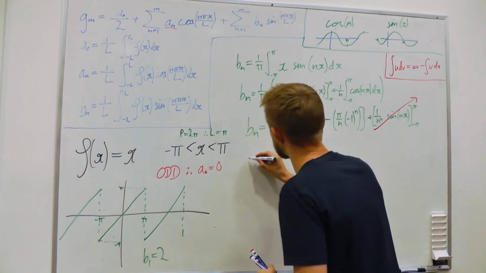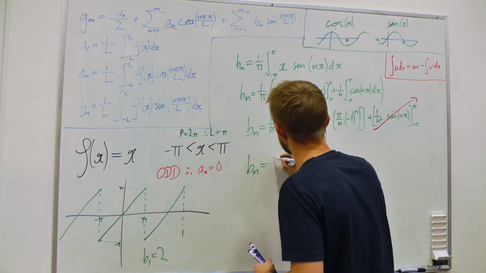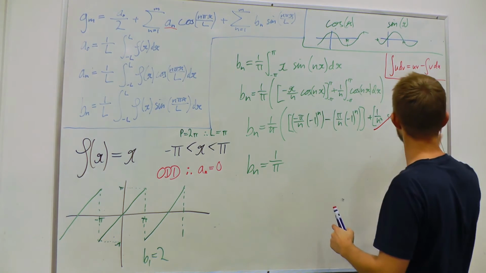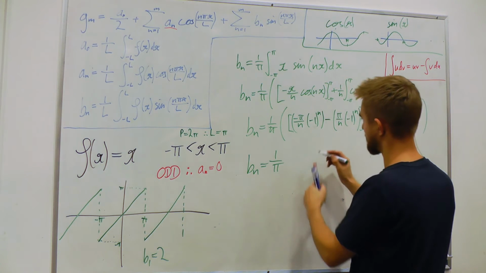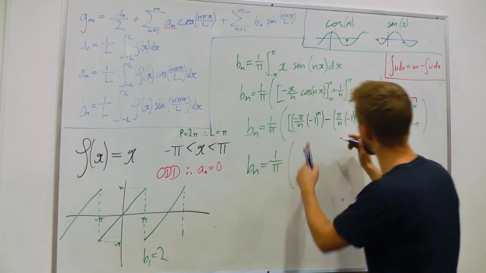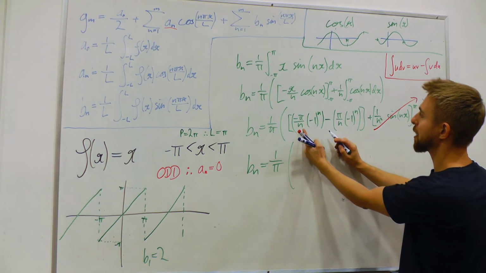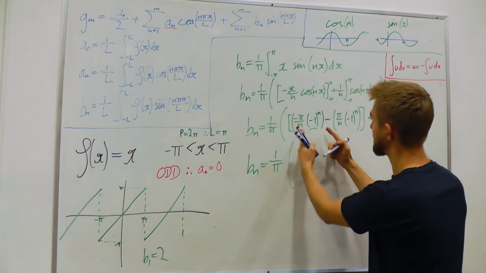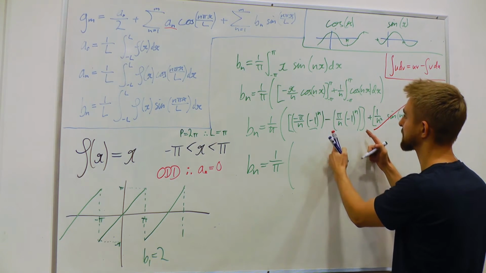Right. So we've now got bn equals 1 over pi. What's going on in this big mess here? So we've essentially got minus pi over n times this thing twice. So we end up with, here's 1, and this minus sign applies to this whole bracket, so here's another one.